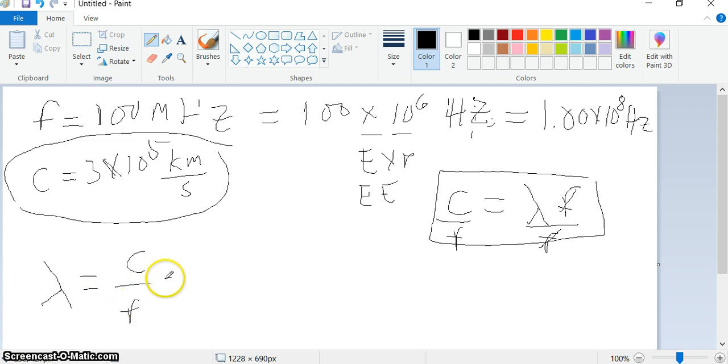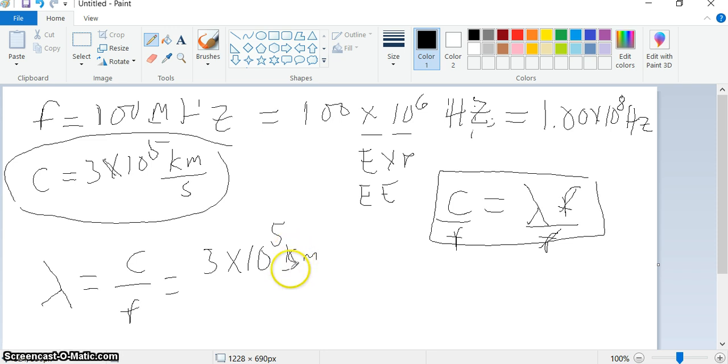All right, and now you'll see why we had to change it from mega, not change it, but put it in its numerical form. Otherwise, we wouldn't be able to enter that into our calculator. So this would be 3 times 10 to the 5th, and of course this is in kilometers per second.